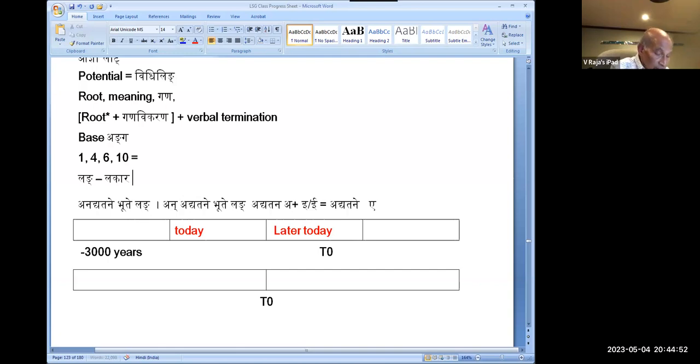It's also known in English, I don't know why they call this imperfect, sorry. Imperfect. And it is the past that did not happen today.